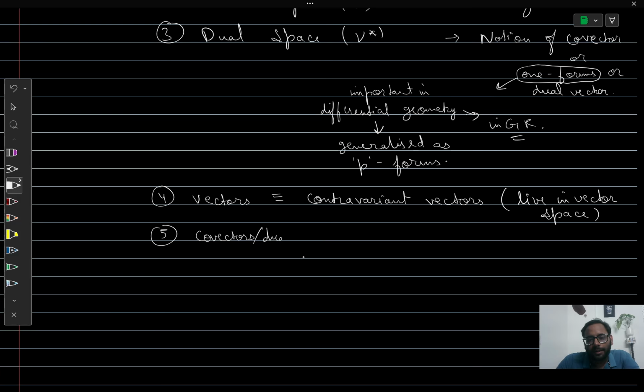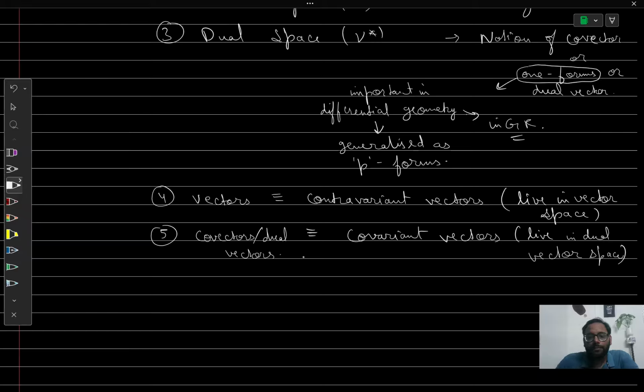And fifth is covectors or one forms, whatever you want to call them, or dual vectors. There are many names defined for dual vectors. These vectors are actually covariant vectors, and we will see why they are called such. They live in dual vector space.